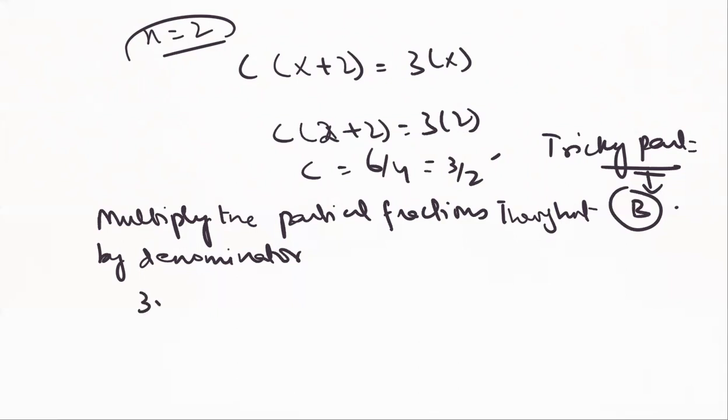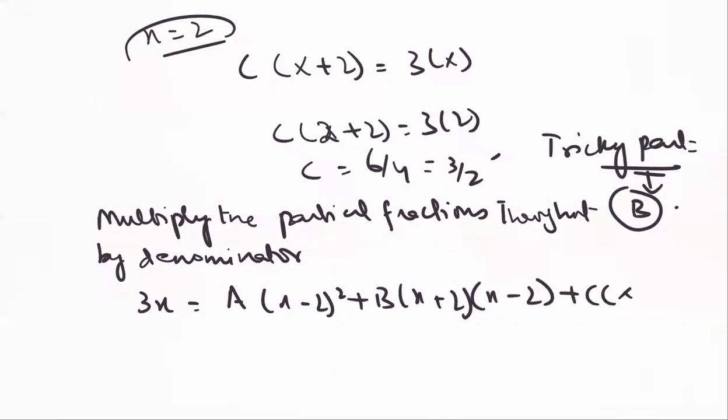So if I multiply it, it would be 3x equals a(x minus 2) square plus b(x plus 2)(x minus 2) plus c(x plus 2). And again, what we have to do is find a number that doesn't make this b term 0, because we have to find this. Others can be 0 but not this, right? This is c(x plus 2).